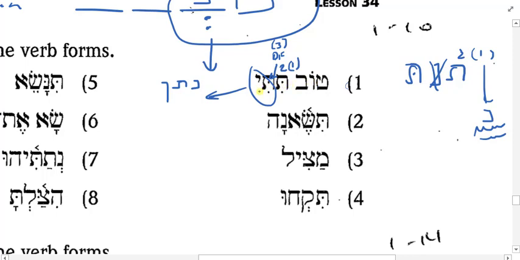Now, what is the normal infinitive construct of Nathan in the CAL without the pronominal suffix? What would it normally look like? It's tate. It has a sere here. Okay? So tate becomes titi.